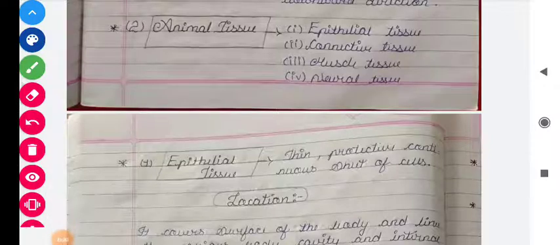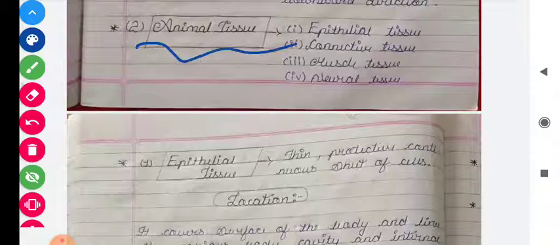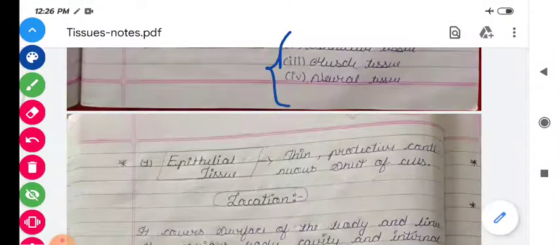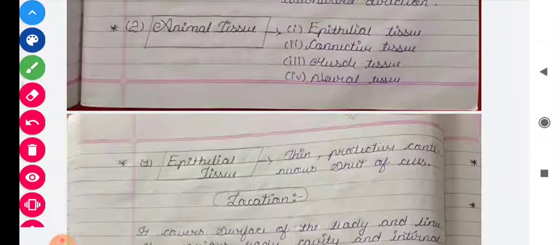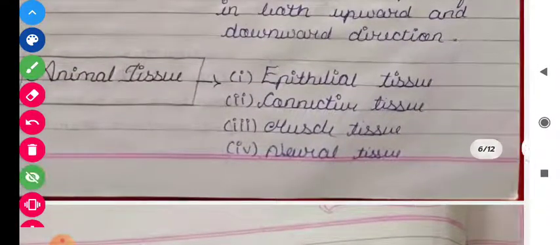Now let us try to understand the animal tissue. There are 4 types of animal tissue present in any of the animals. First is epithelial tissue. Wait a second, I will magnify the image. Epithelial tissue.